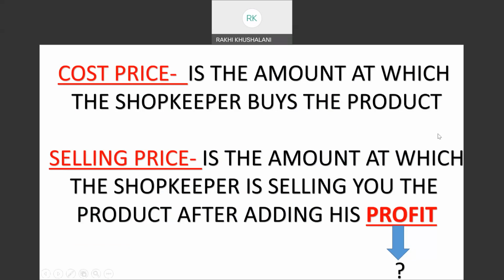Selling price is the amount at which the shopkeeper is selling you the product after adding his profit. What is profit? So I showed you what is the cost price, what is the selling price. Now the third element that I introduced is profit. We did discuss this in the live session.